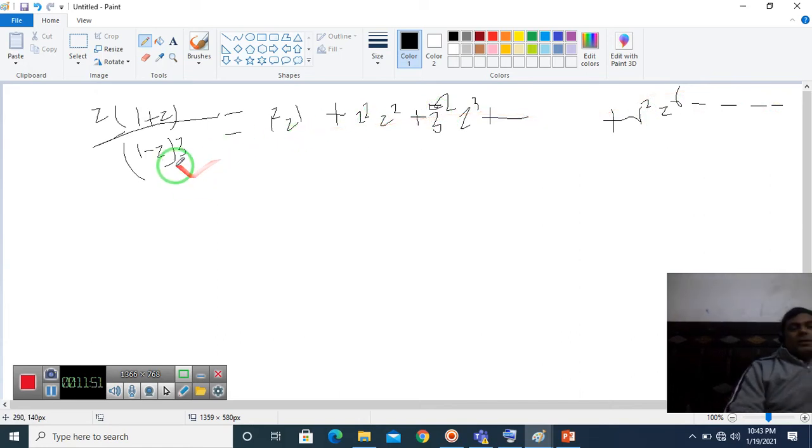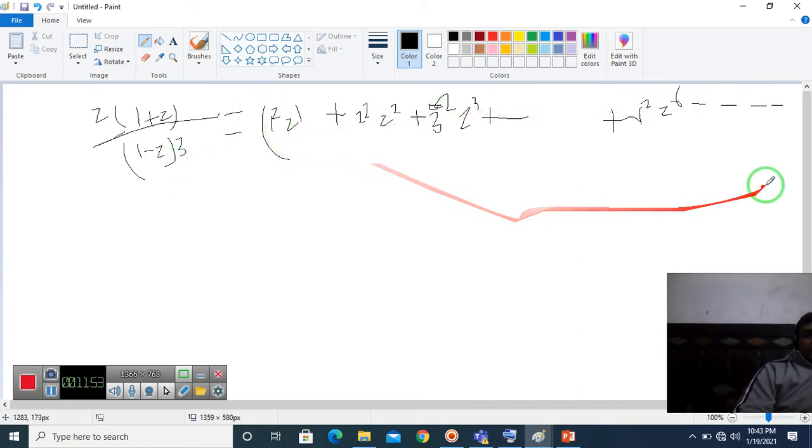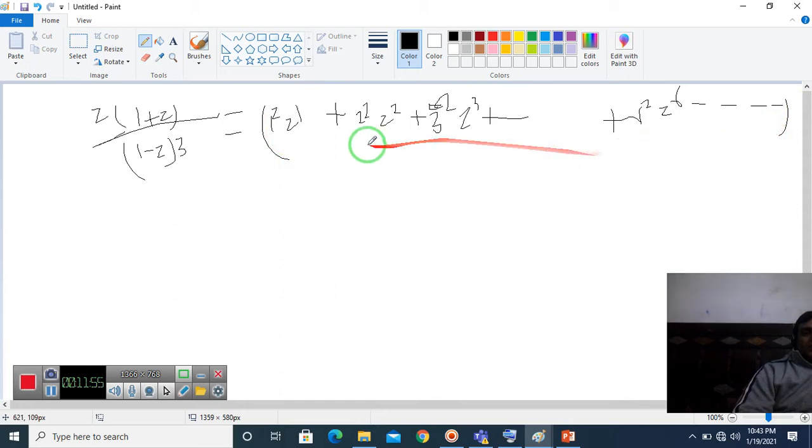Okay, so on both sides we should multiply by 1 minus z, multiply 1 upon 1 minus z.